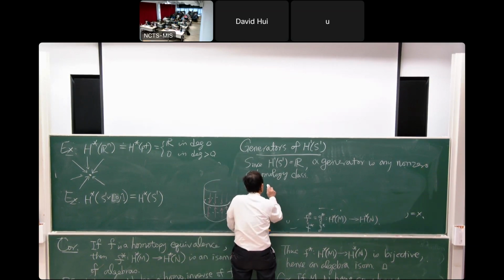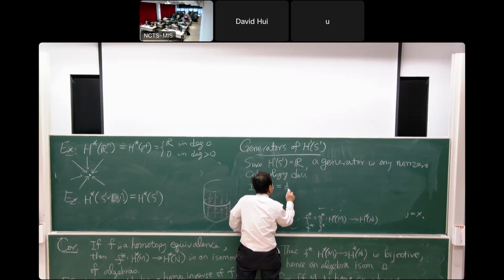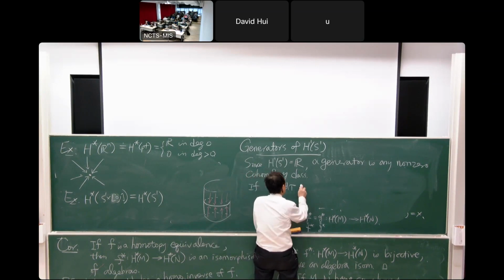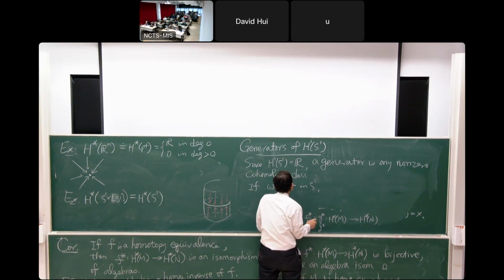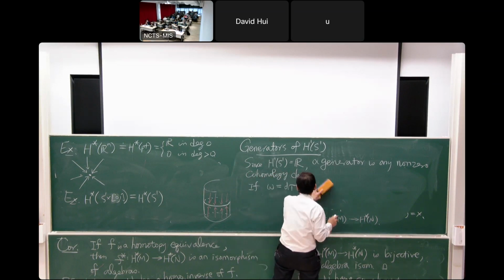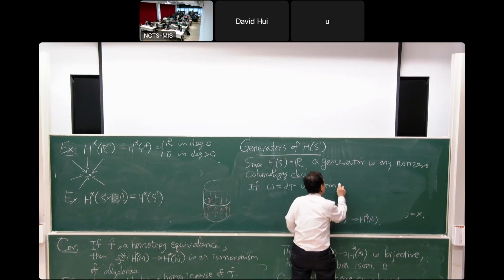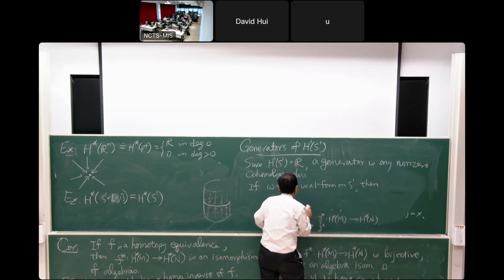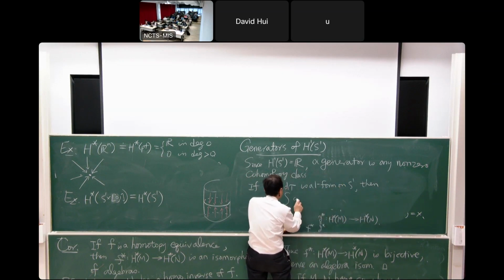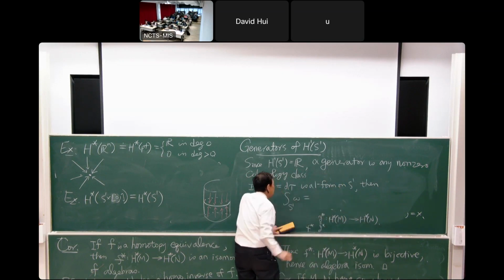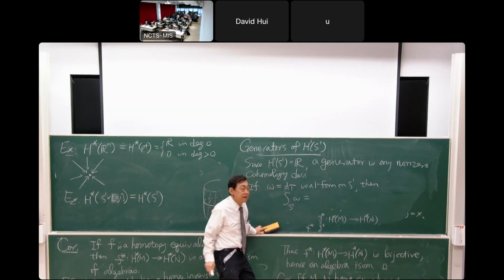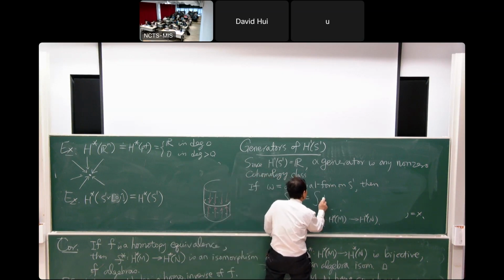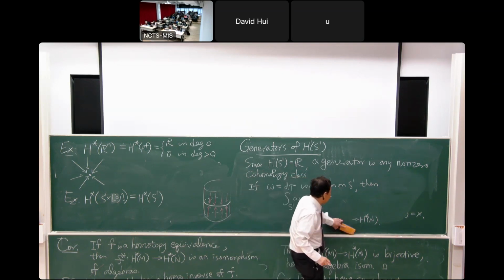So if omega is equal to d tau on S1, where omega is a one form on S1, then what's the integral of omega? Yes, it's going to be 0 because you're integrating d tau.